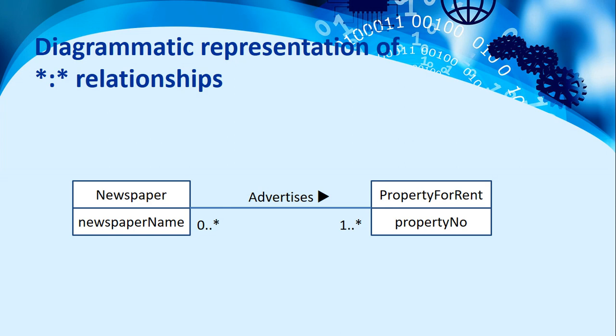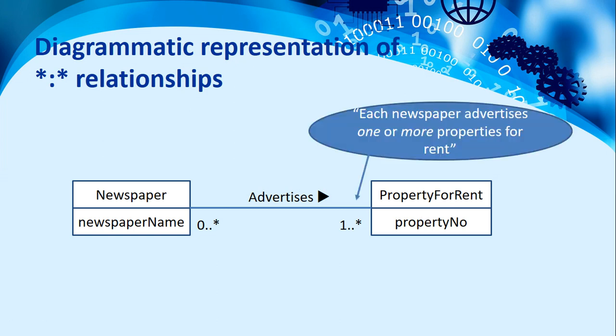Now, where was I? So we have here newspaper advertises property for rent. Same as earlier, each newspaper advertises one or more properties for rent.